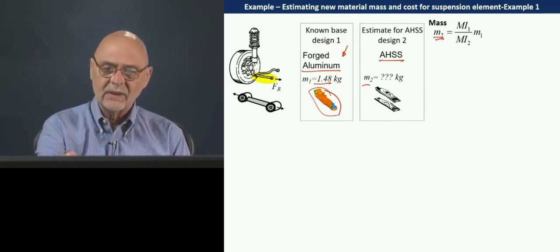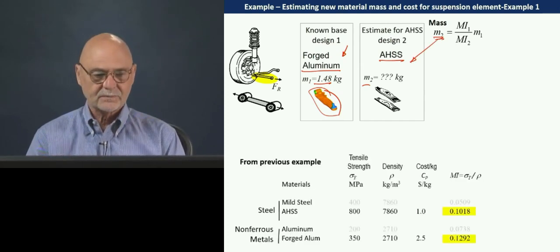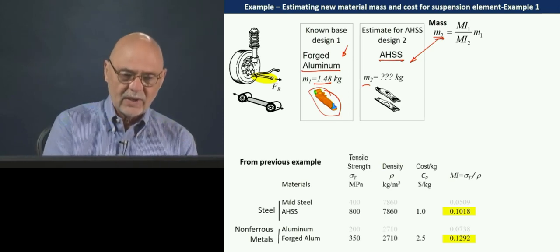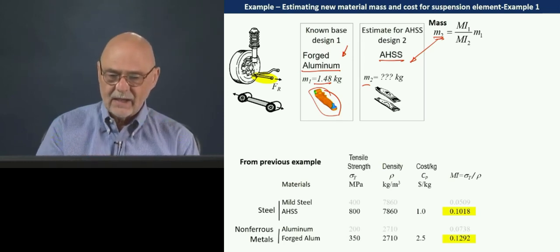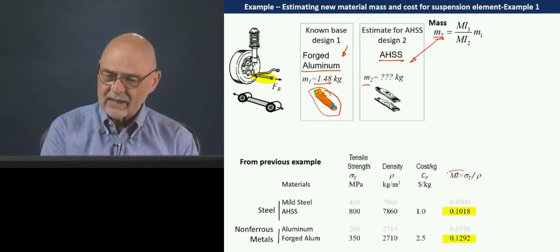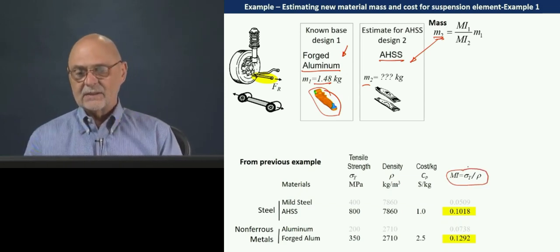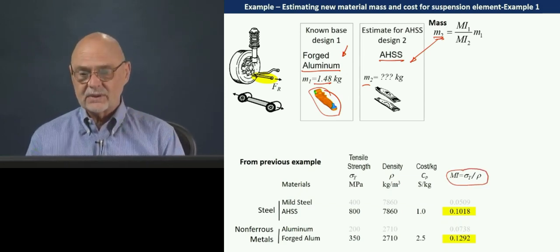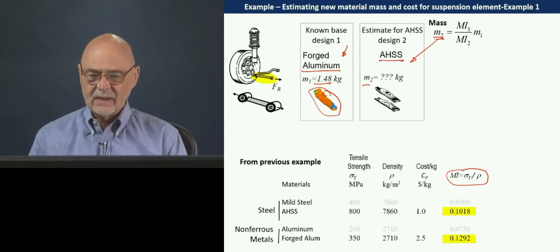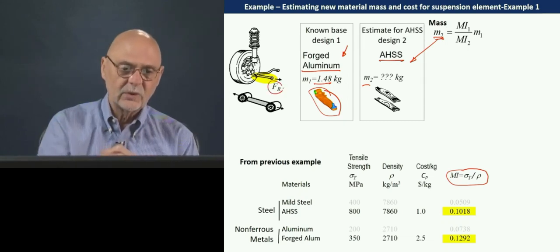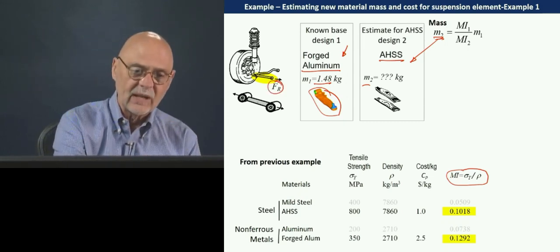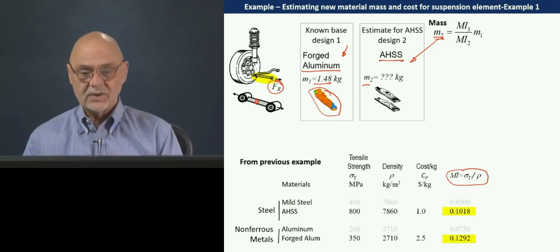This is our estimate for the mass. In the previous example, we said that the material index was the tensile stress of the material divided by its density, for a requirement that looks like this, where we're allowing the cross-sectional area to change.